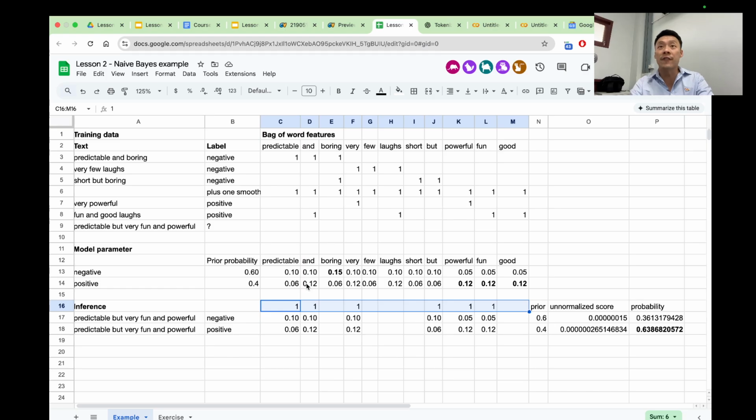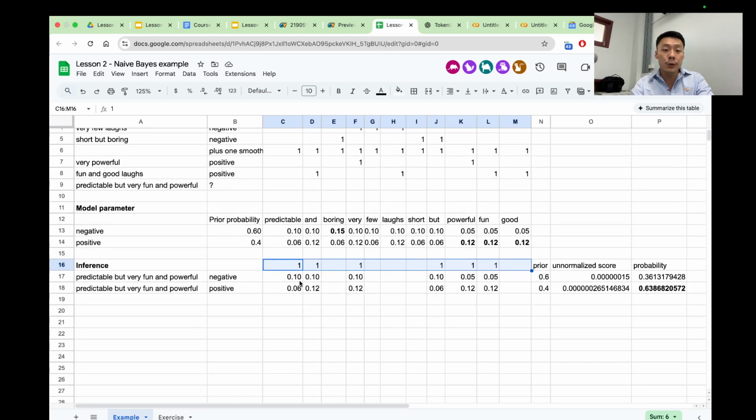Once you have a feature vector, you can compute the probability based on the equation of that model. The equation for this model is pretty straightforward. For the features that are 1, you use the parameter from that word, and once you copy down the parameter for each label, you multiply them.